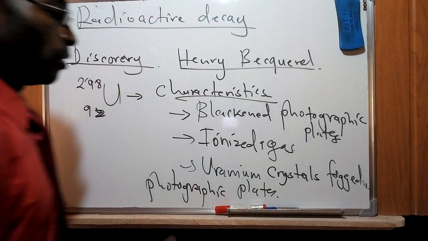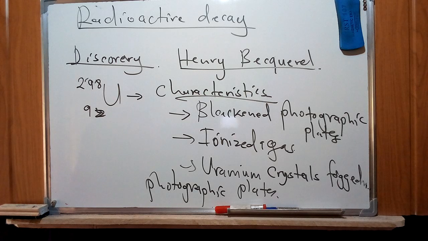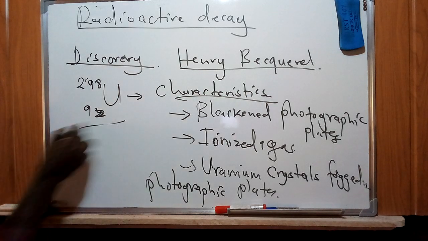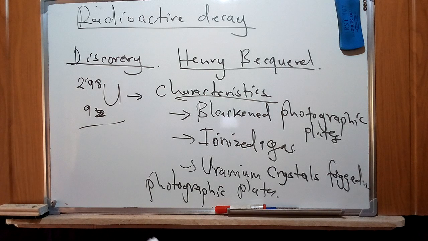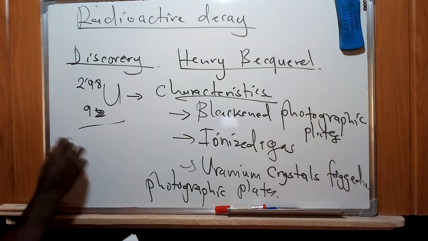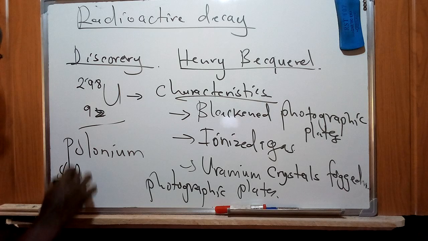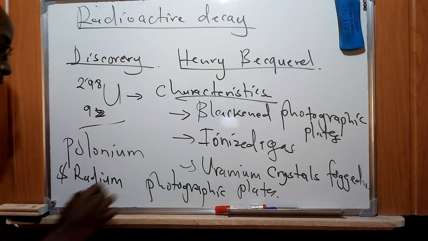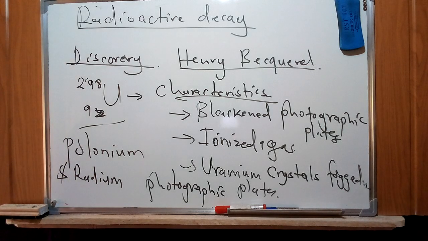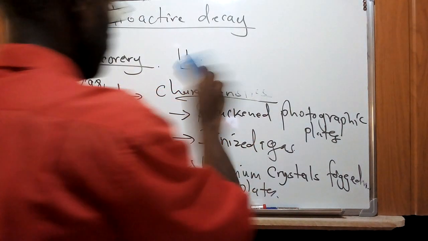These ones are also curious to try and find out the kind of radiations that are being emitted from this particular element that we're now calling uranium. And of course, this together with the other subsequent works of various scientists like Pierre and Marie Curie, who discovered the elements known as polonium and radium, which are of course radioactive nuclei, contributed heavily to the development of the concept of radioactivity and radioactive decay.